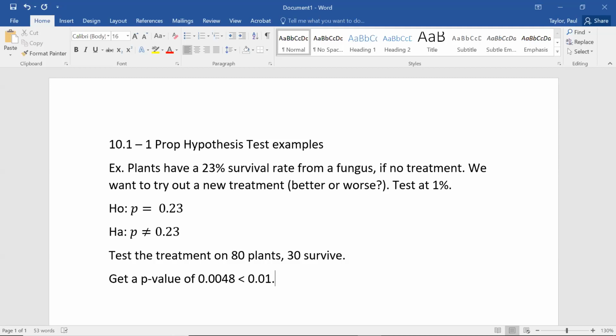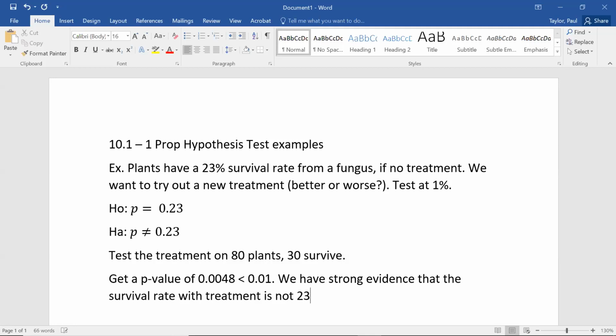So we're going to summarize our conclusion by saying we have strong evidence that the survival rate with treatment is not 23%.